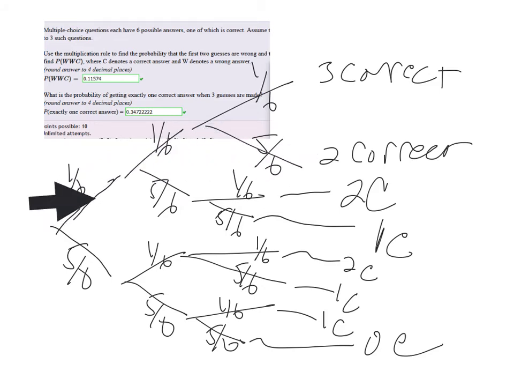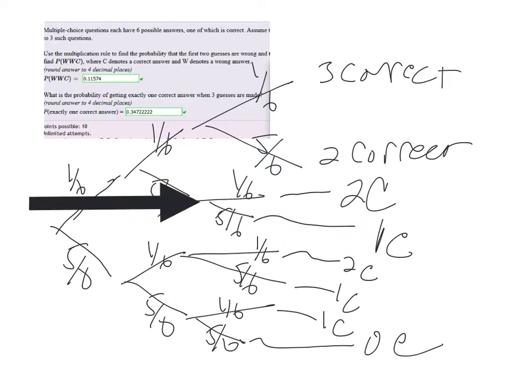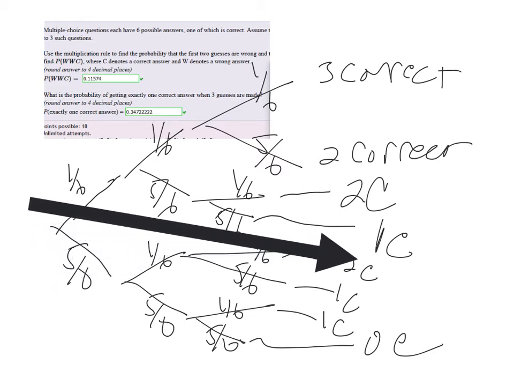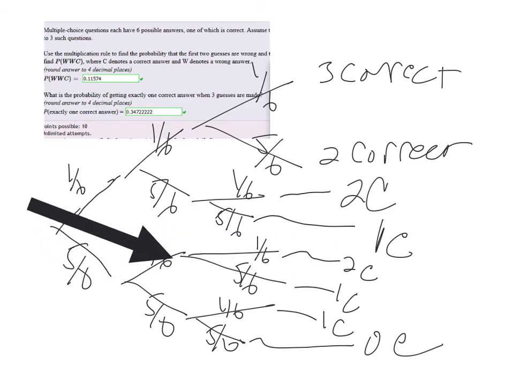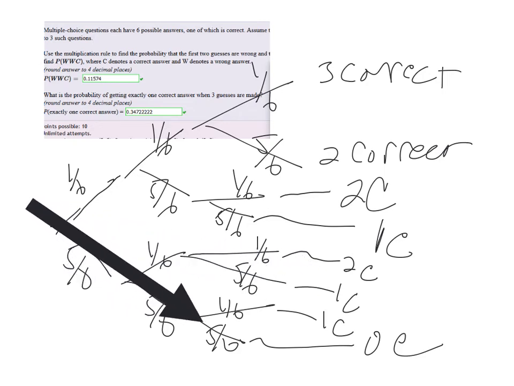This path here is 1 right, 1 wrong, 1 right, so that's 2 correct. This path here is 1 correct, 1 wrong, another 1 wrong, so that's only getting one question correct. Then I'm coming down here, so it's a wrong question, a right question, a right question, 2 correct. A wrong, a right, a wrong, so that's what I'm looking for. That's a success. And then 2 wrong, and a correct.